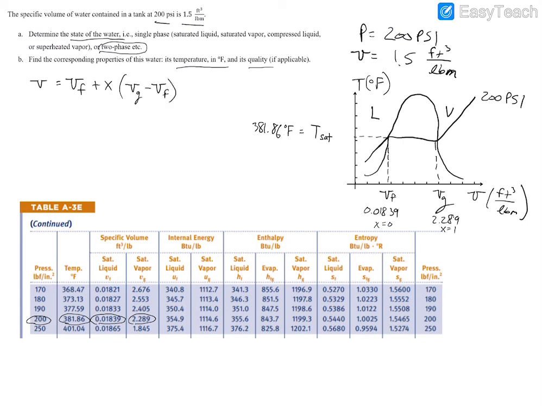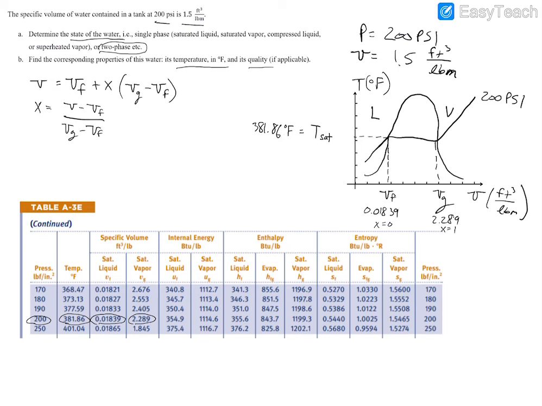Now, from simple rearrangement to solve for the quality, we know that x, the quality, is going to be equal to the specific volume minus the saturated liquid specific volume, divided by the difference here of Vg minus Vf.